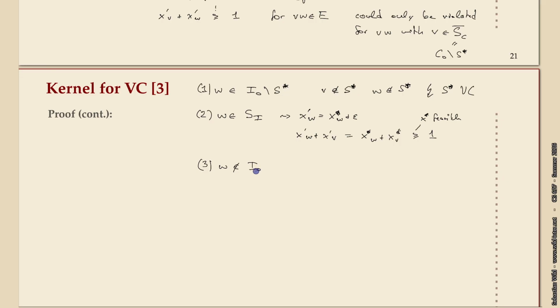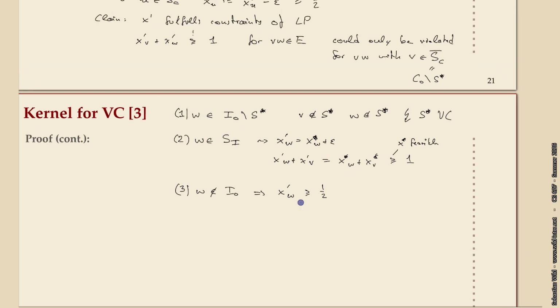And now we have the case it's not in I0. That means its value is greater or equal 1/2, because it either was before or even further increased it, but it certainly was not in this set I0.